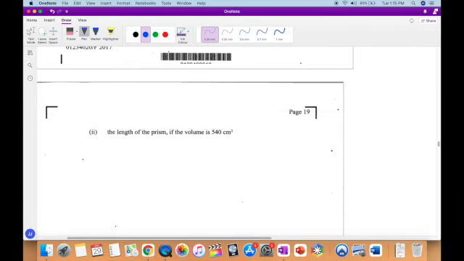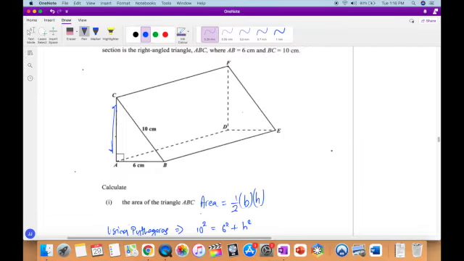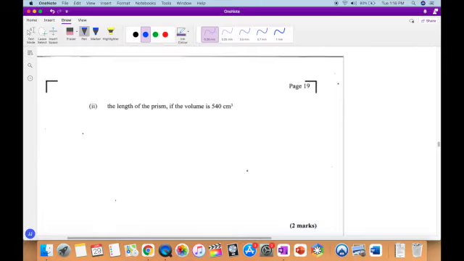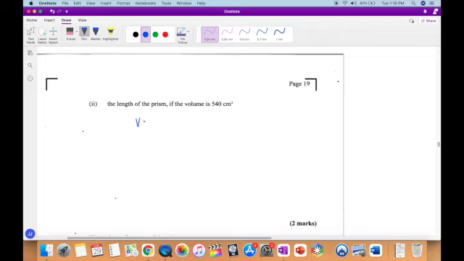The length of the prism, if the volume of the prism is that. So we know that if we take the area of this and we multiply it by the length L, we will get the volume. So volume is equal to area times height, or in this case length, right? So we want to know what's the length.